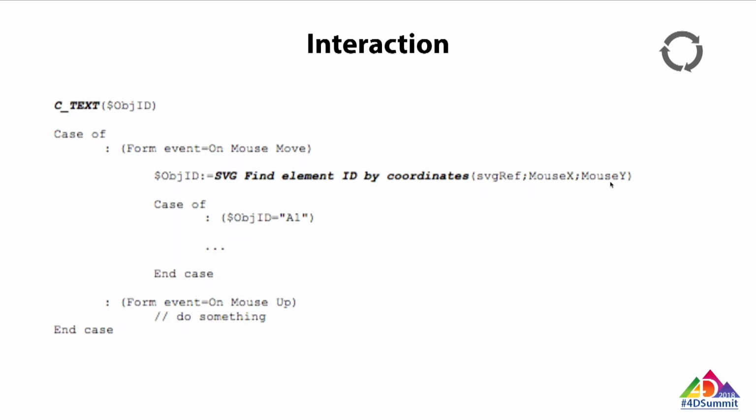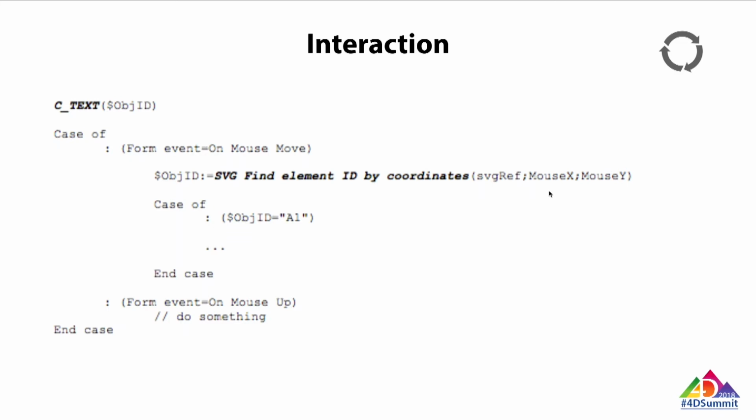They always match, and you don't have to convert anything. Unless you're doing scaling in the SVG, that's another thing that you need to take into account. But in normal situations, MouseX, MouseY, there's nothing else you need to do. And you can pass that to the SVG command. So that's what we do to know where the cursor is.